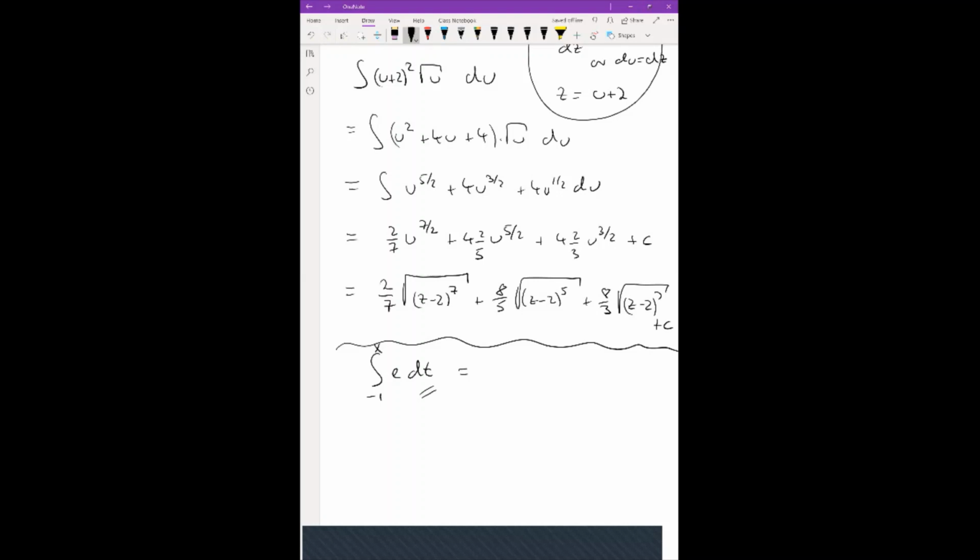The variable is t, and the antiderivative of a constant with respect to t is e times t, not e to the t. The derivative of e to the t is e to the t. The derivative of e times t is e, where you plug in -1 and x.